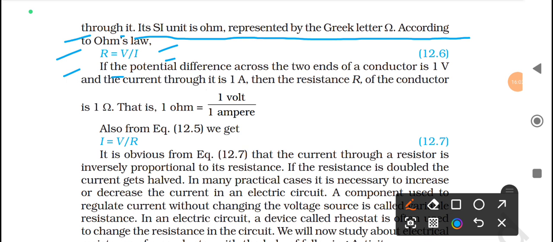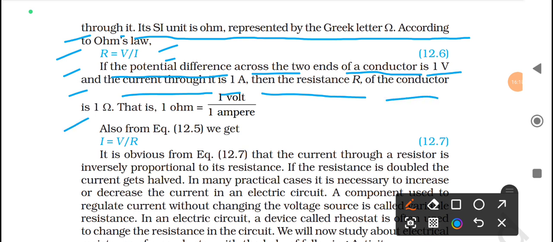According to Ohm's law, R is equal to V by I. If the potential difference across two ends of a conductor is 1 volt and the current through it is 1 ampere, then the resistance R of the conductor is 1 ohm. That is, 1 ohm is equal to 1 volt by 1 ampere.